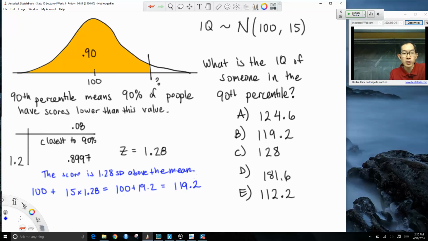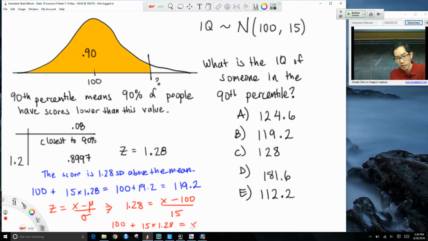Alternatively, I could have just used the z-score and said, well, z is equal to x minus mu over sigma. So that gives me 1.28 is equal to the x that I'm looking for, minus 100 divided by sigma of 15. Solving for x, we get 100 plus 15 times 1.28 is equal to x, which gives us the same thing, 119.2.